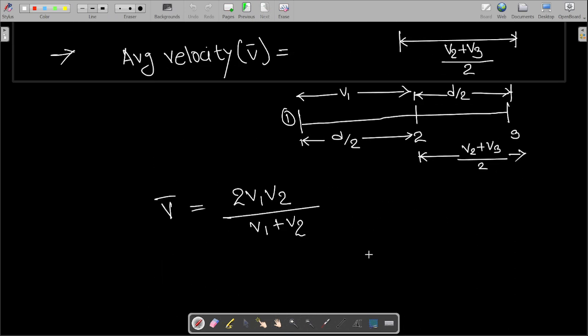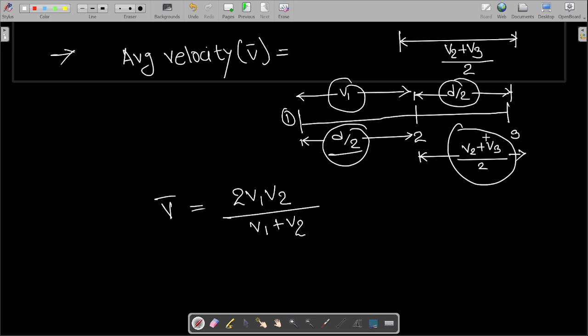Here also the distance is the same, d by 2, but the velocities are different. In this case, consider this velocity as capital V2, the velocity from point 2 up to point 3. So in the place of V2 I am going to place v2 plus v3 upon 2, I mean this velocity. Okay, so put this here.